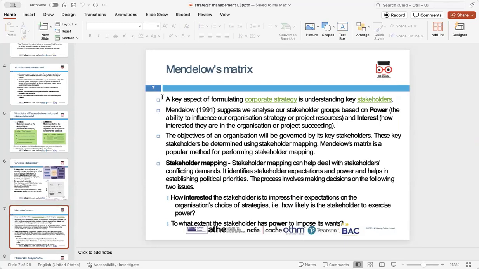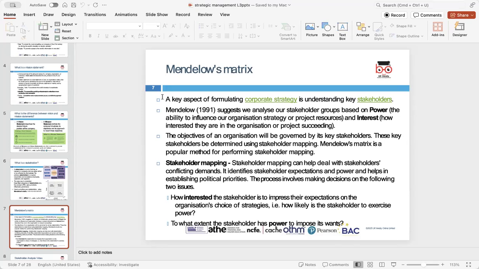So the Mendelow matrix is a tool used to analyze and map stakeholders based on their power and interest in an organization. Here, power refers to the stakeholder's ability to influence the organization's strategy, while interest reflects how concerned the stakeholder is with the organization's success.